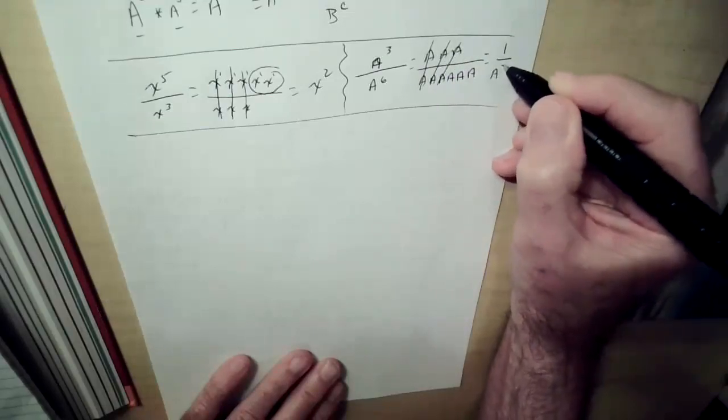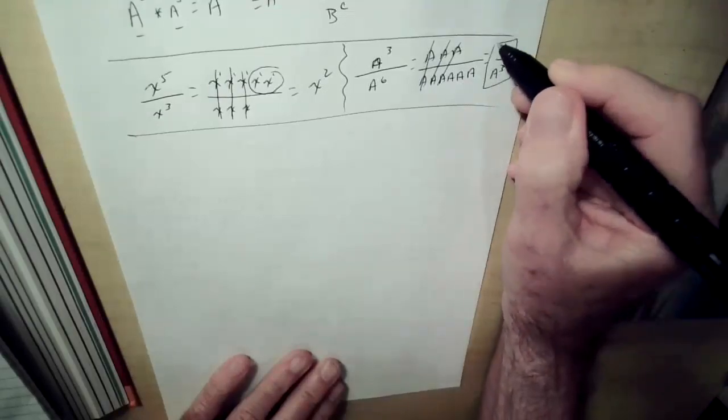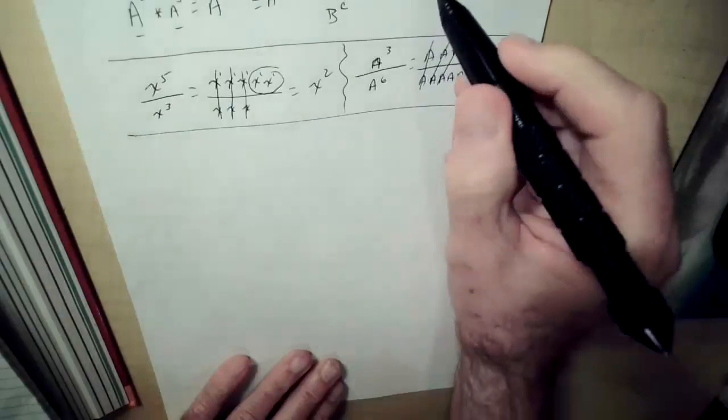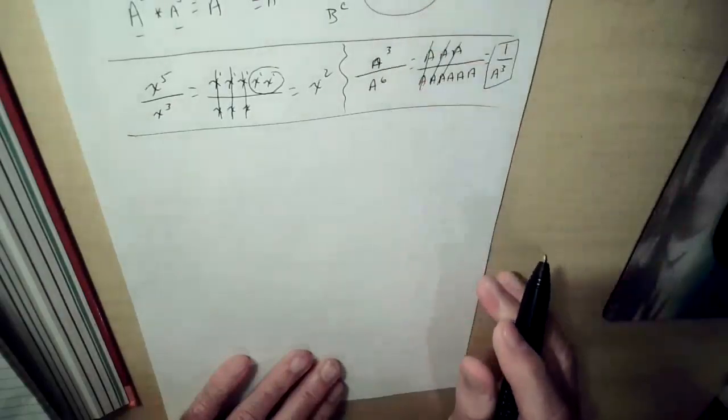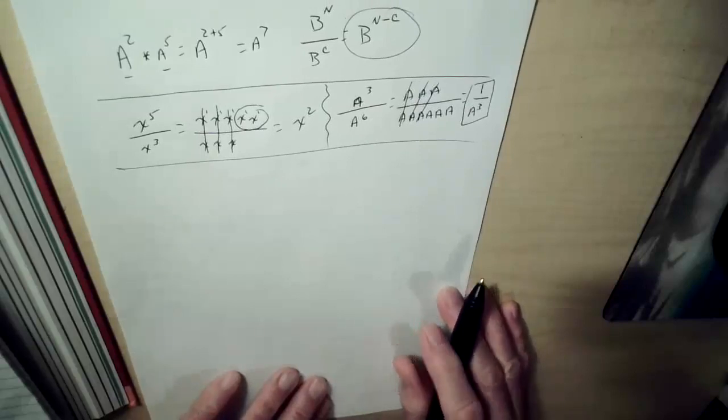Any number divided by itself is 1. Now what's in the numerator here? Remember, all these are 1, so it's going to be 1 over a cubed. 1, 2, 3.